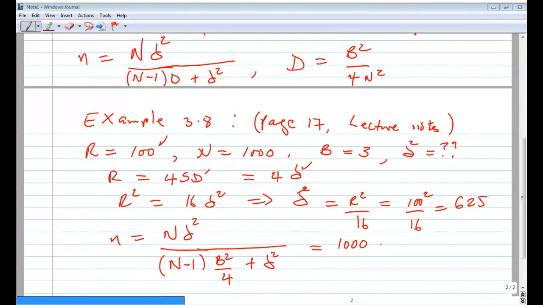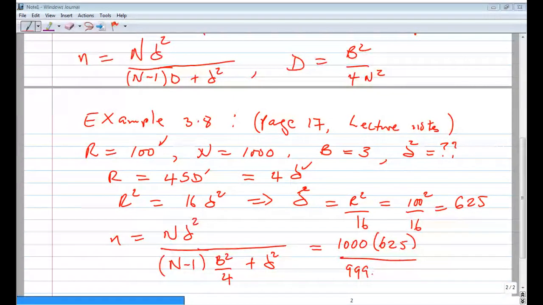Then multiply by variance, which is what? 625. Then you divide everything by N minus 1. It's 1000 minus 1, which is 999, isn't it? Then multiply by B squared. B is 3.